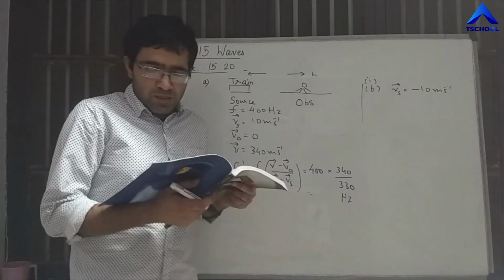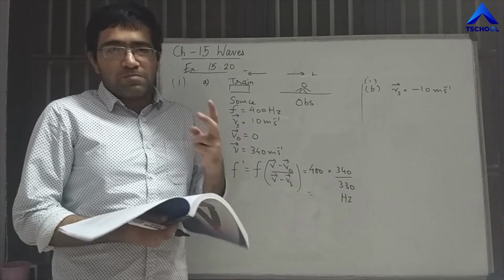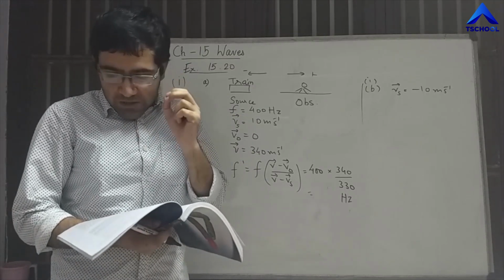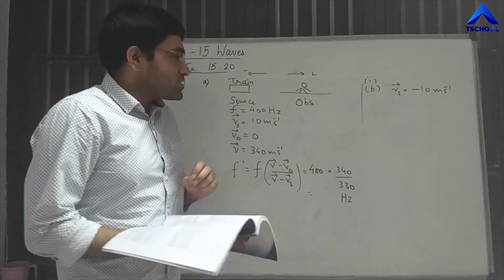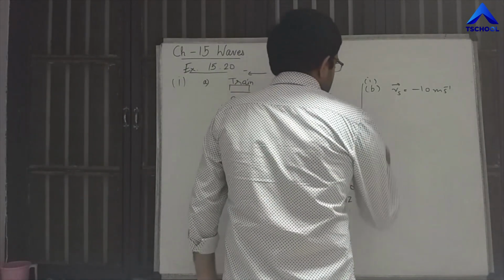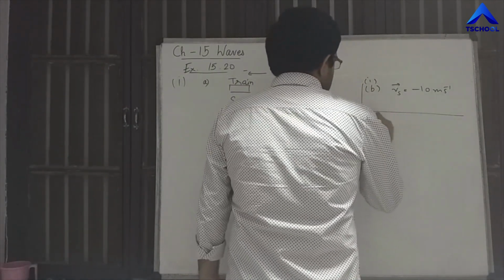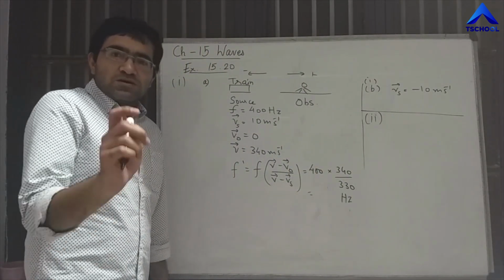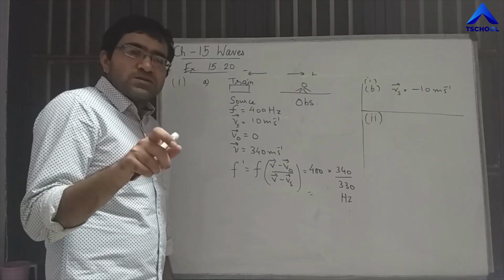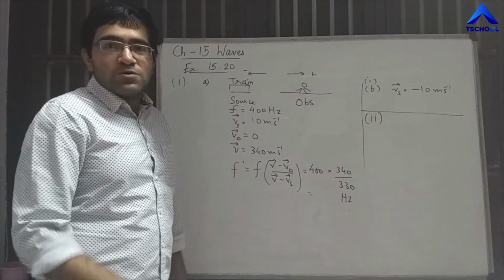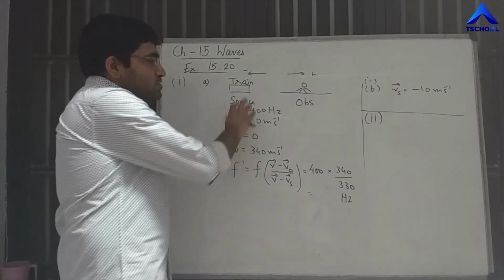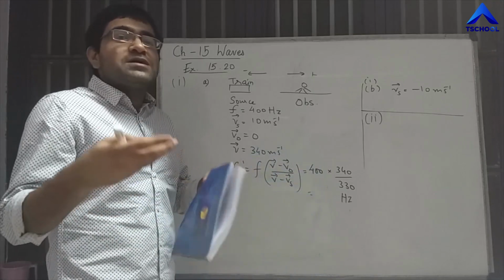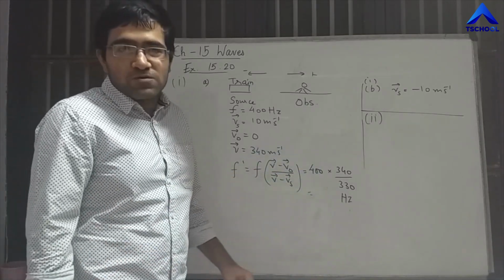Okay, now the second part of the question, 1a is done, 1b is done. Now it's time for 2. So 2 says, what's the speed of sound in each case? That is, for both of these cases, in A and B, what's the speed of sound in each case? Again, the speed of sound depends on the medium, not on the source. So whether the train moves or doesn't move, the train's the source, so its velocity does not change the velocity of sound, right?